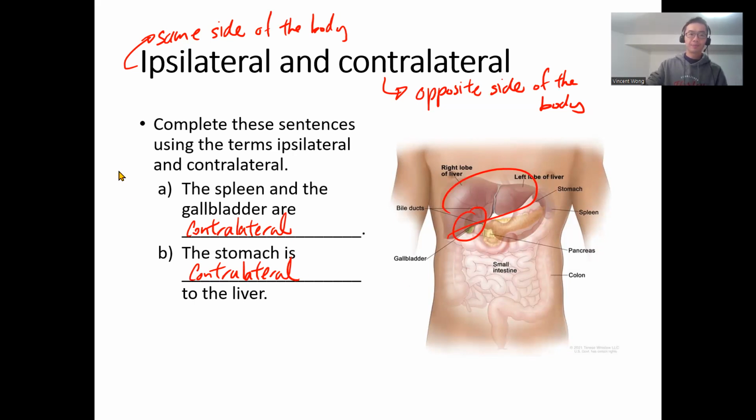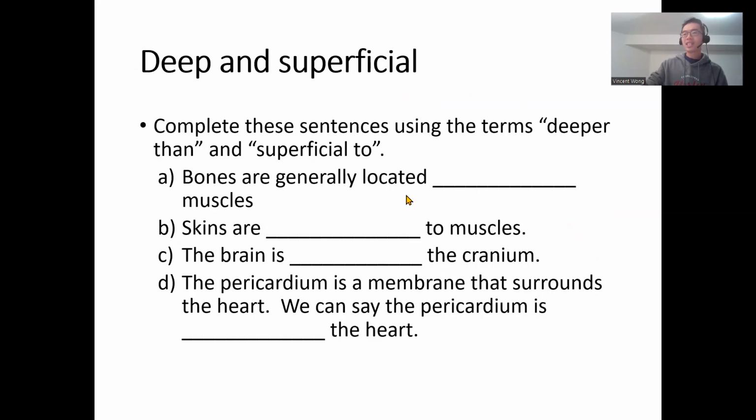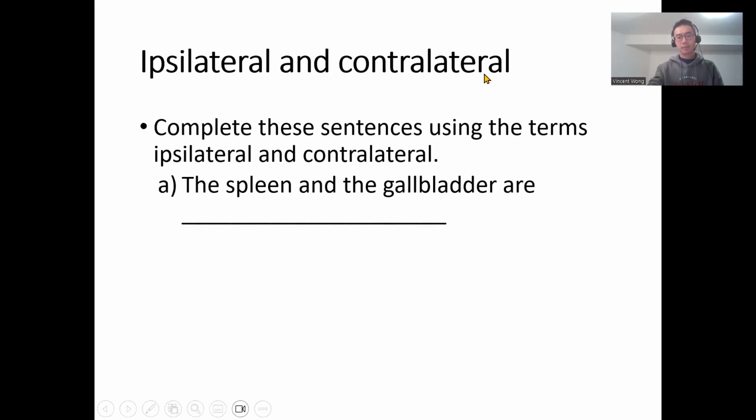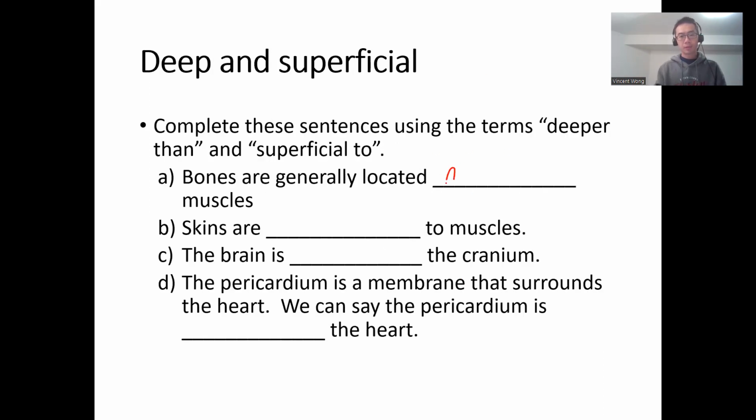Next, we have deep and superficial. Right? Deep is closer to the core of the body. Superficial is closer to the surface of the body. So bones are generally located deeper than muscle.